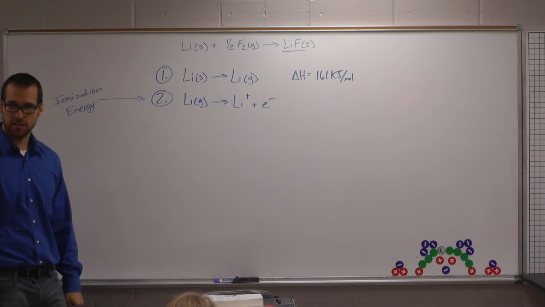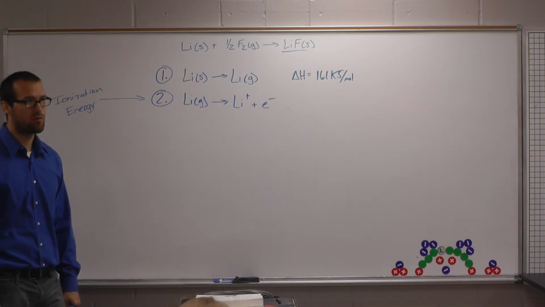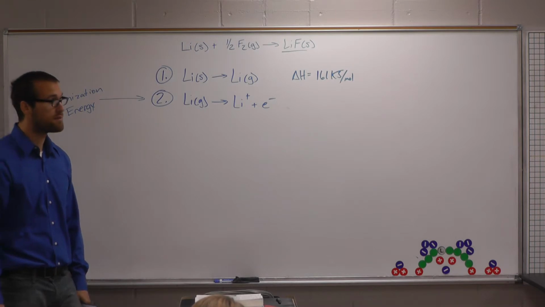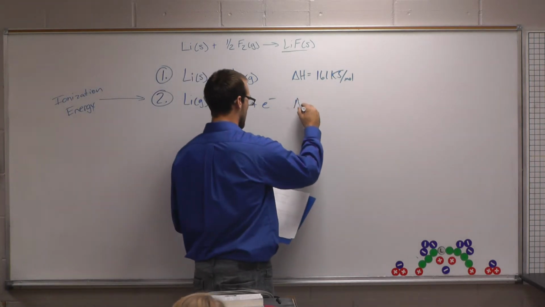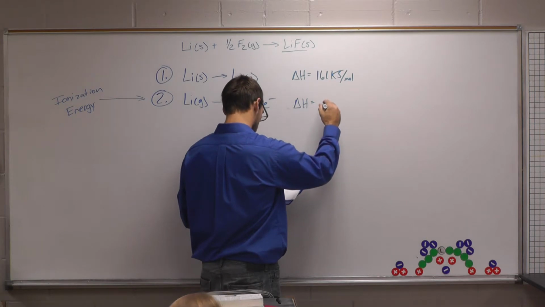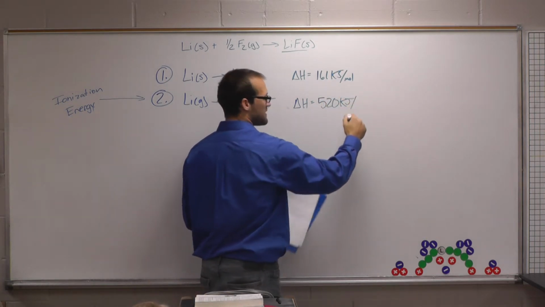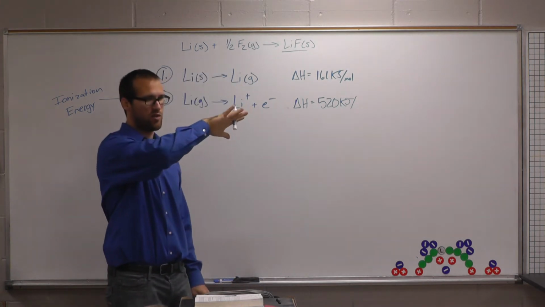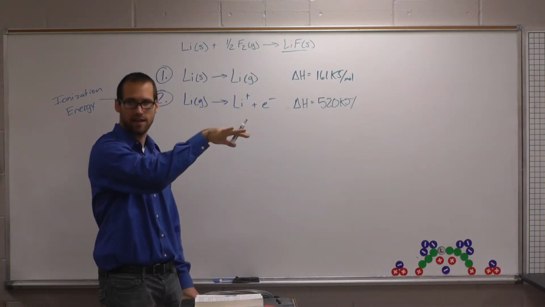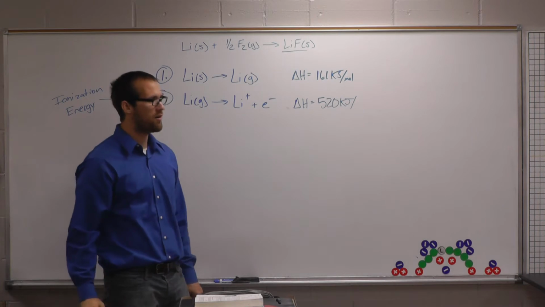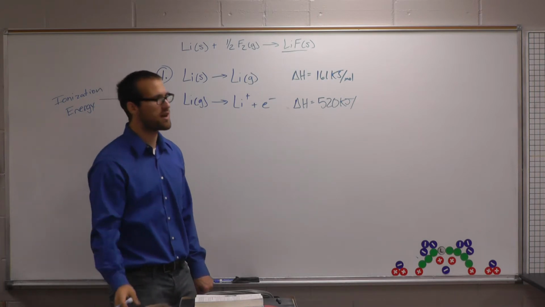Remember ionization energy? The amount of energy needed to remove an electron? That takes energy. We're talking about ionization energy, right? And remember that table that we had that showed the first ionization energy and the second ionization energy and the third, and how once you removed a core electron, it was a huge jump.